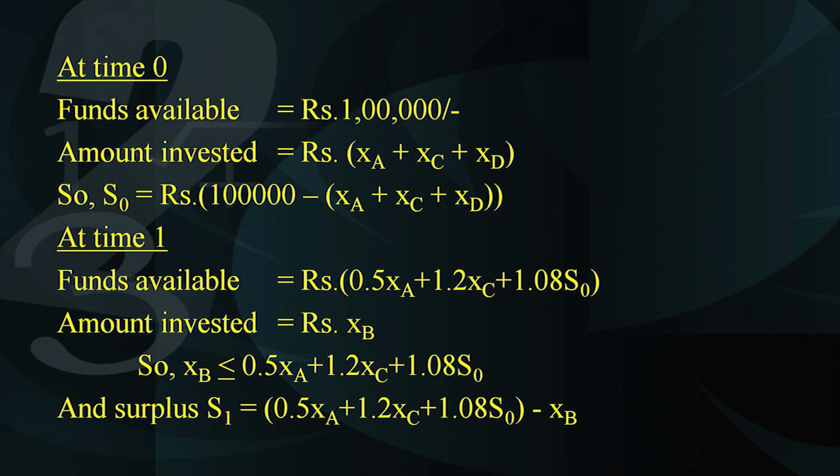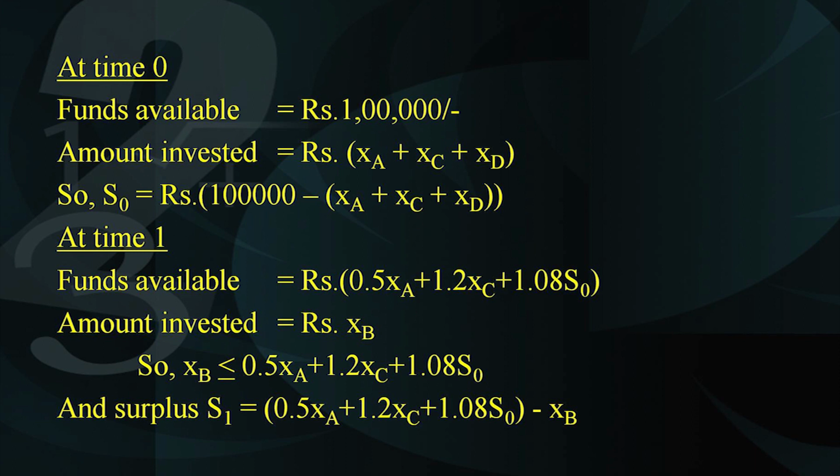Next comes the level 1. At level 1, the funds that are available are as follows, that is rupees 0.5 xA plus 1.2 xC and so on. Also, the amount that is invested is xB.